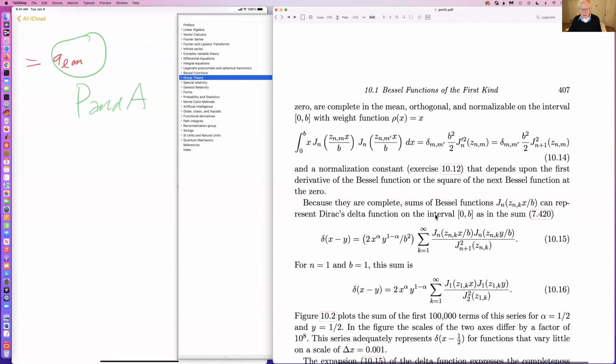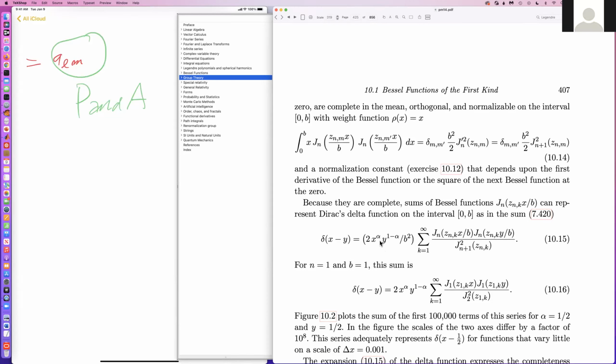And so because they're complete, then sums of Bessel functions can represent Dirac delta functions. And of course, what you need in any of these Dirac delta function sums is the function at x, the same function at y, and then you need to multiply it by some normalization factor, and you need to include the weight function.